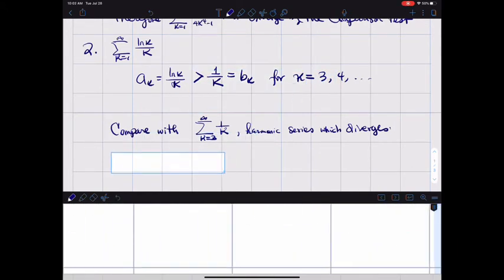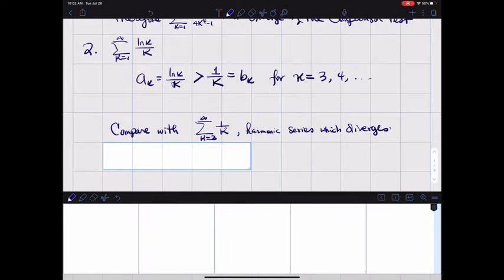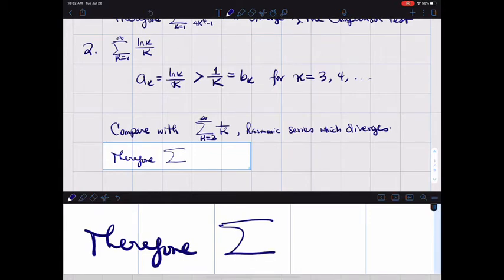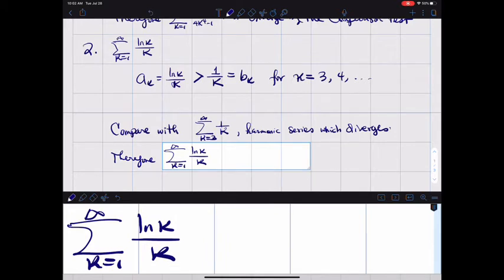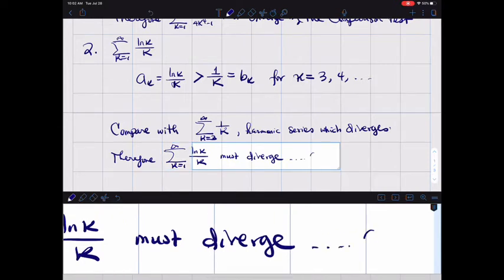So a_k, which is a larger series, must diverge. Therefore, the sum from k equals 1 to infinity of natural log of k over k must diverge, by the comparison test.